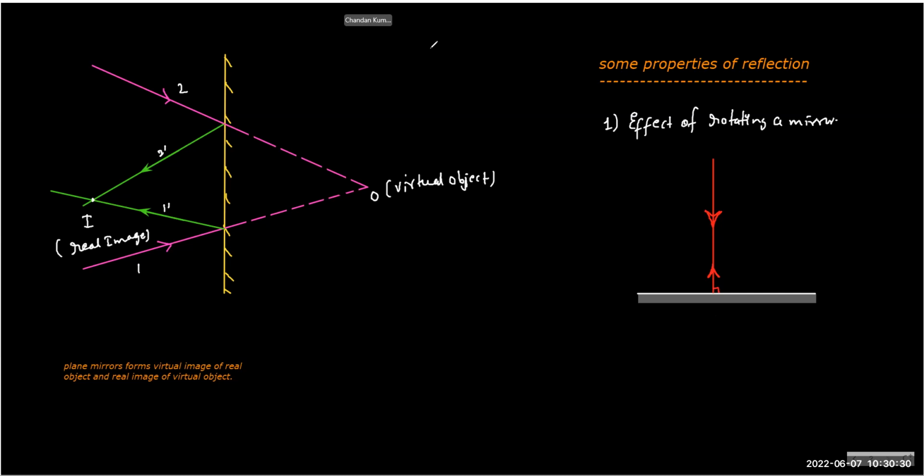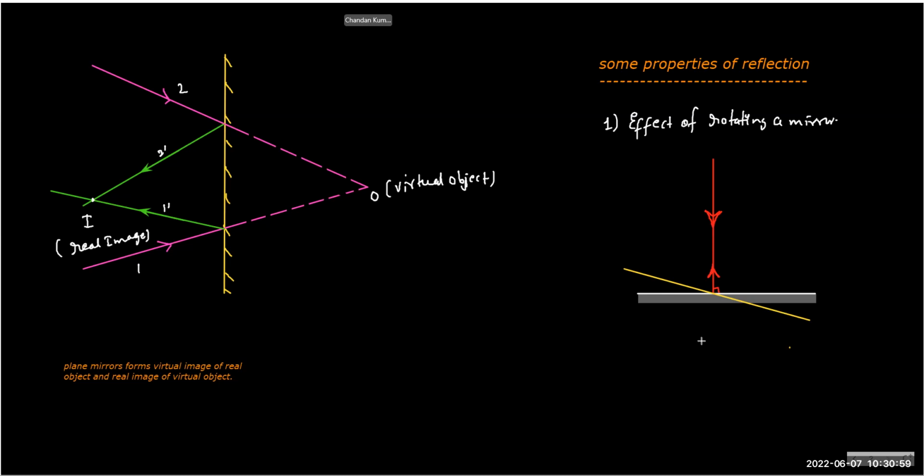Now, what happens if I tilt the mirror by some angle? So let's say you tilt the mirror like this. Now, the moment you tilt the mirror, the normal will change, isn't it?